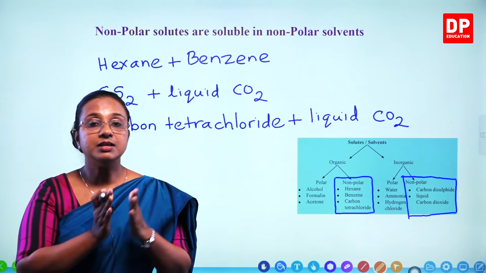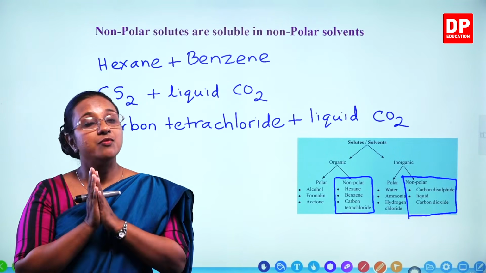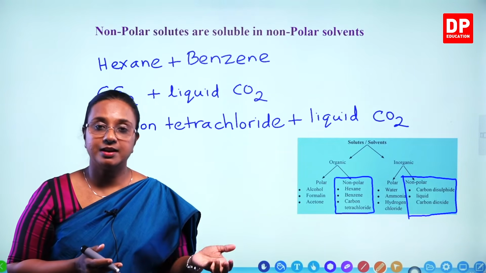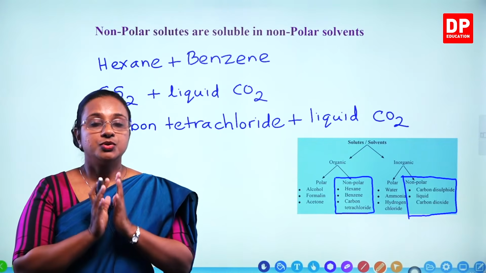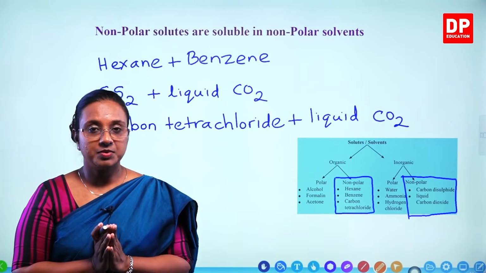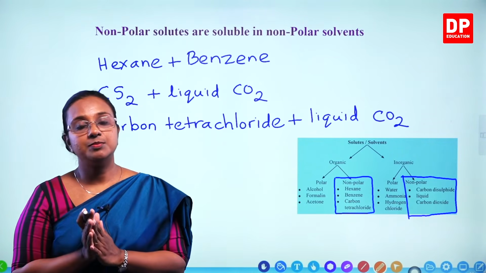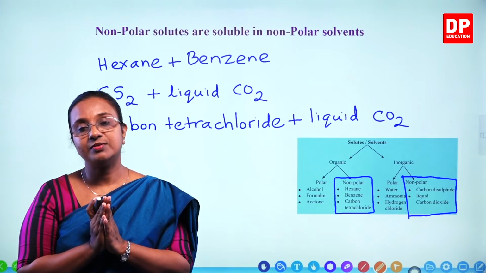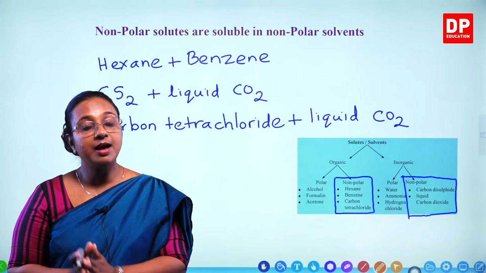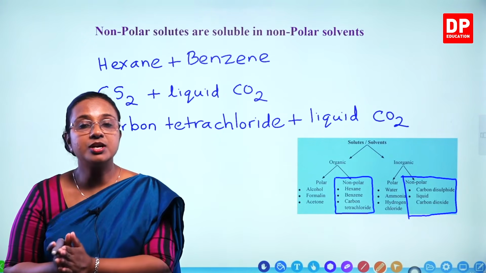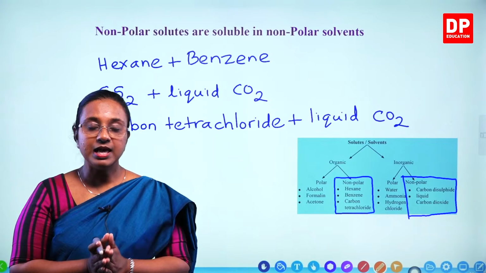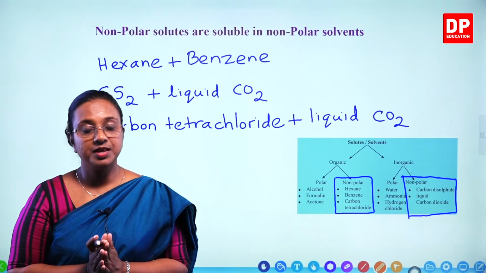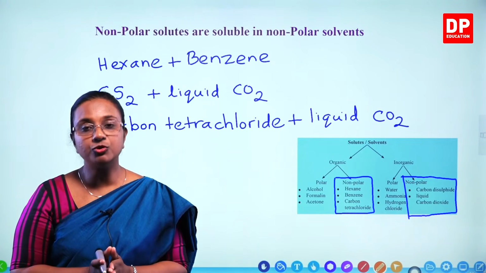So sugar does not dissolve, or dissolves very little, in non-polar solvent kerosene. So that is the concept. Polar dissolves in polar, non-polar dissolves in non-polar. That is what we say, like dissolves like. But polar does not dissolve in non-polar and non-polar does not dissolve in polar. That is what you have to remember.